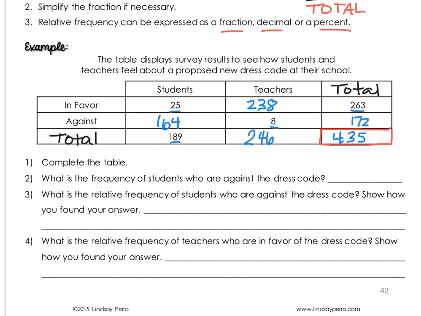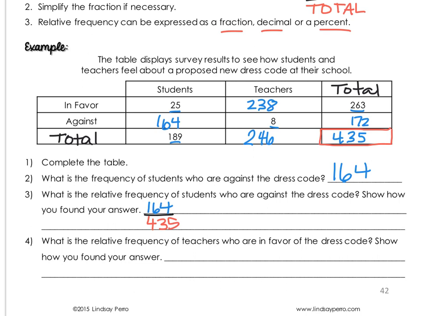What is the frequency of students who are against dress code? So I'm going to go to students, against, and I see 164. What is the relative frequency of the students who are against the dress code? Show how you found your answer. Okay, so 164 is my frequency, and I'm going to divide that by my total. So remember, the total, 435 were surveyed.